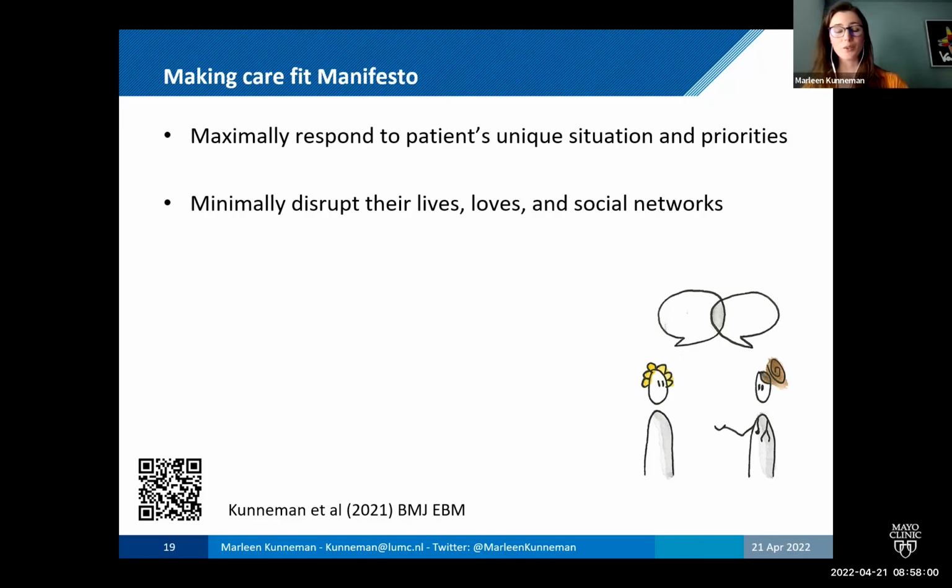We have a great program about minimally disruptive medicine. I would like to challenge you to think a little bit more about how we can maximally respond and support patients in their process, thinking about their unique situation and their priorities, and how we can make sure that a decision is not a one-time thing. It's something that we need to constantly reevaluate whether we're still in the right track.